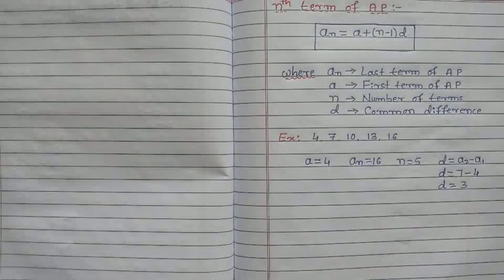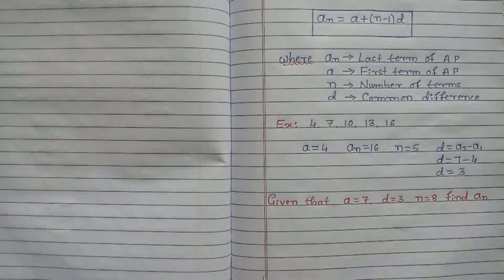Now consider another example. In this example they are given a = 7, d = 3, n = 8, and we have to find an.